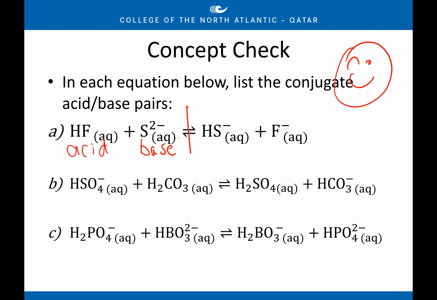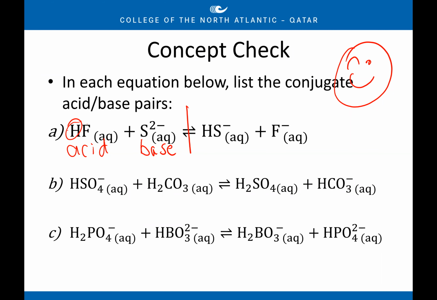Again, I really hope you understand that an acid is a chemical that donates or gives a hydrogen atom. HF is the only chemical here on the left, and I'm only looking at the left, that has a hydrogen.